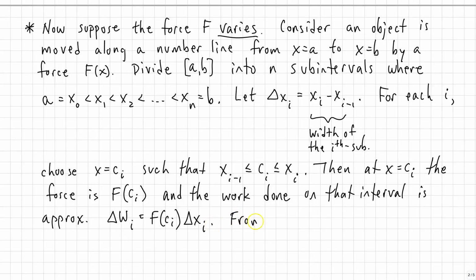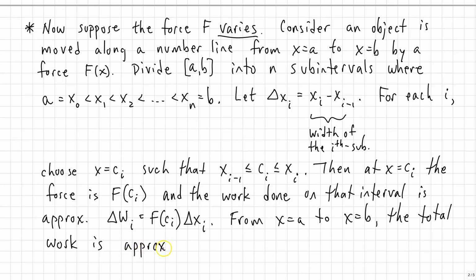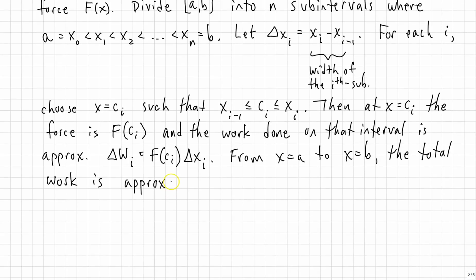So from x equals a to x equals b, the total work would be approximately the sum of all the work done on each subinterval. So we take our constant force times our distance.